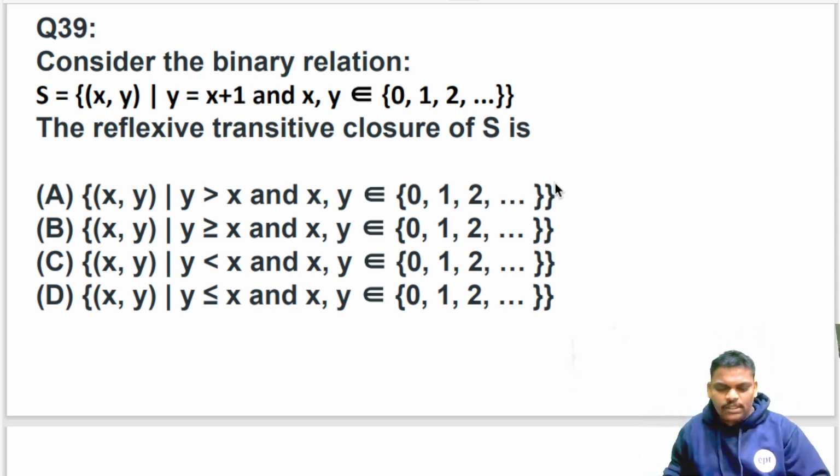Remember, the antecedent of S is logically equal to the consequent of S. This is called the antecedent, this is called the consequent. Consequent means conclusion.